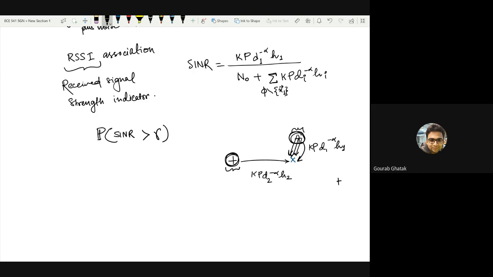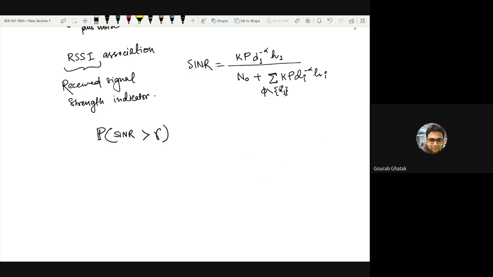But users generally do not fluctuate their associations as quickly as the fast fading moves. The user generally settles down on a base station and receives services, how good or bad they may be, from that base station. Okay, I hope this development is also clear.